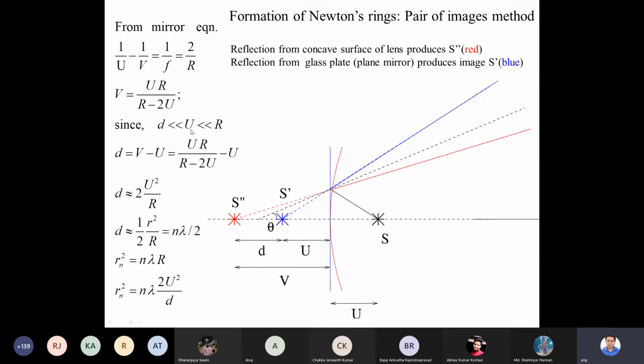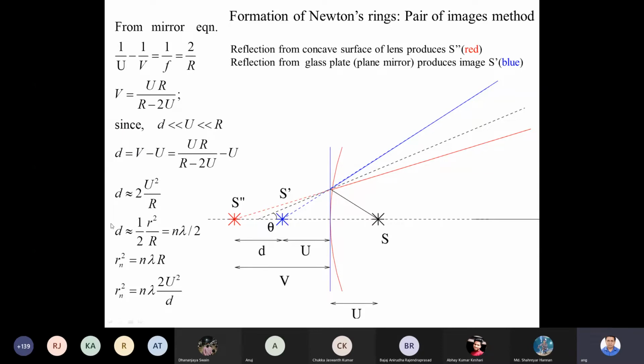What we have taken here is that the distance u where we place the source is very small compared to the radius of curvature of the lens, and d is of course very small. This d you can write as v minus u, and you can put in the value of v from here.